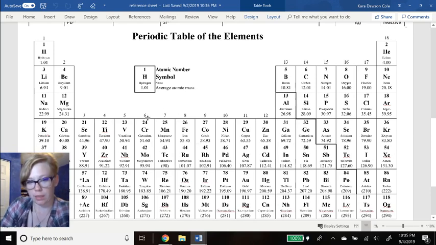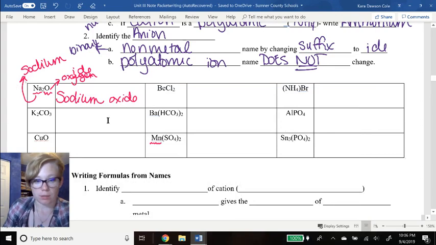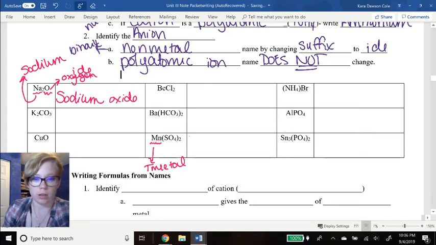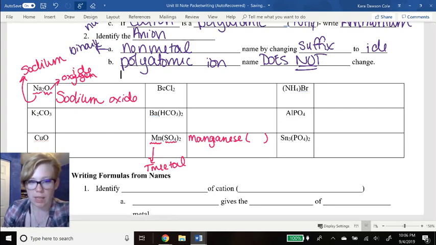Manganese here is a part of the transition metals, which are in groups 3 through 12. So this is a transition metal, and that means I'm going to have to signify my charge on this one. So I've got manganese, and I'm going to put parentheses there just so I know that I've got to write the actual charge down in Roman numerals.